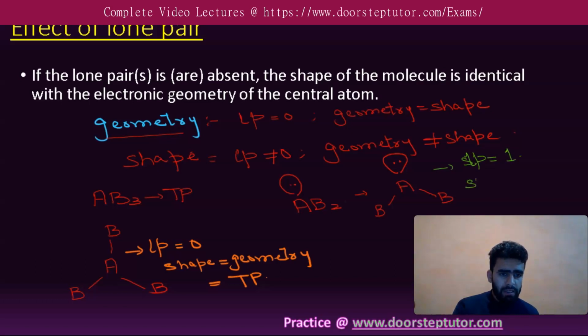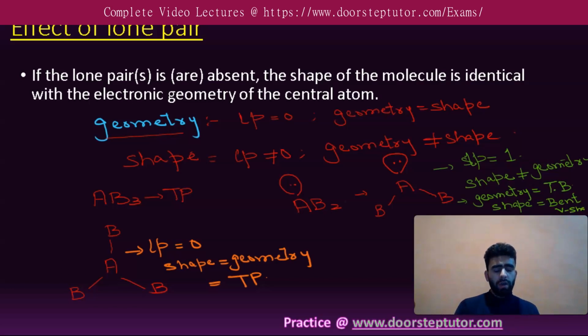So it means that shape will not be equal to geometry. Since geometry is the internal arrangement of the electrons, for this molecule the geometry will be trigonal planar. But if I have to predict its shape, for this molecule the shape will be bent or V-shaped.